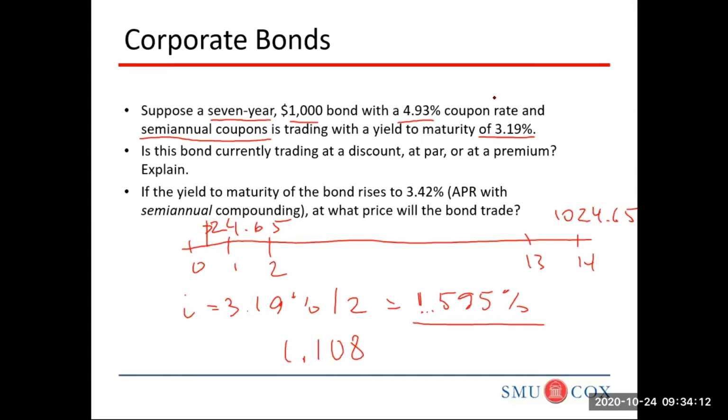But does anybody have the answer for what it would be under a 3.42% yield to maturity? Wouldn't it be 1,09... 1,093.3? Yeah, that's right. So the price went down because the yield went up, right?